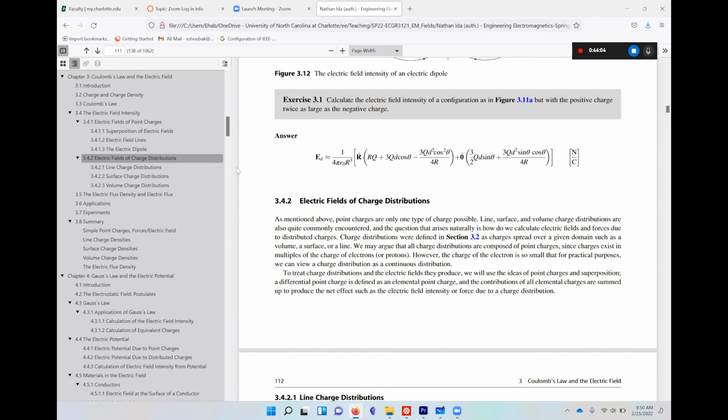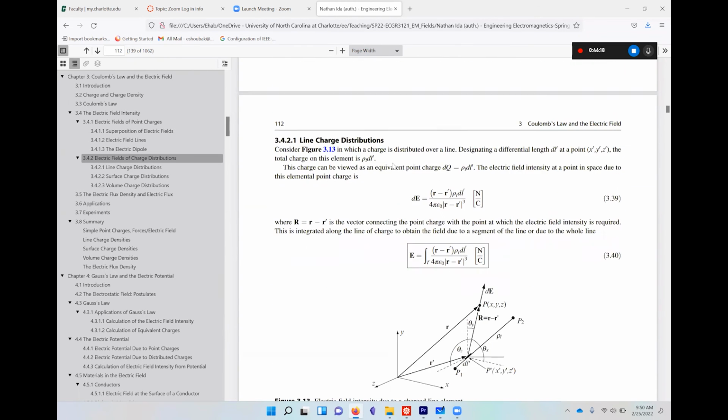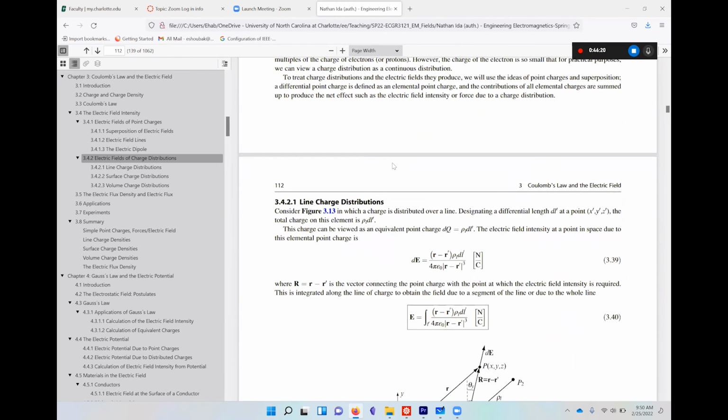Essentially, we know how to calculate the field coming out of a point charge. And we said the idea is that we just apply superposition. We can divide any distribution into an infinite number of segments, right? And then the total field is just going to be an integration over the whole thing.